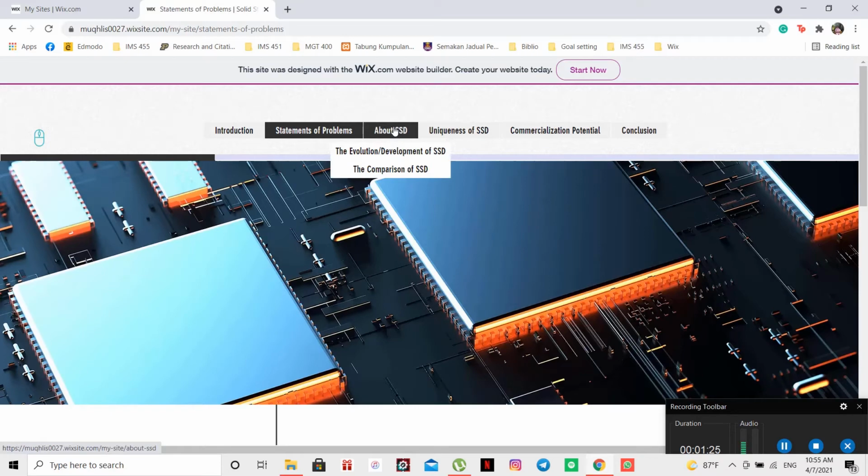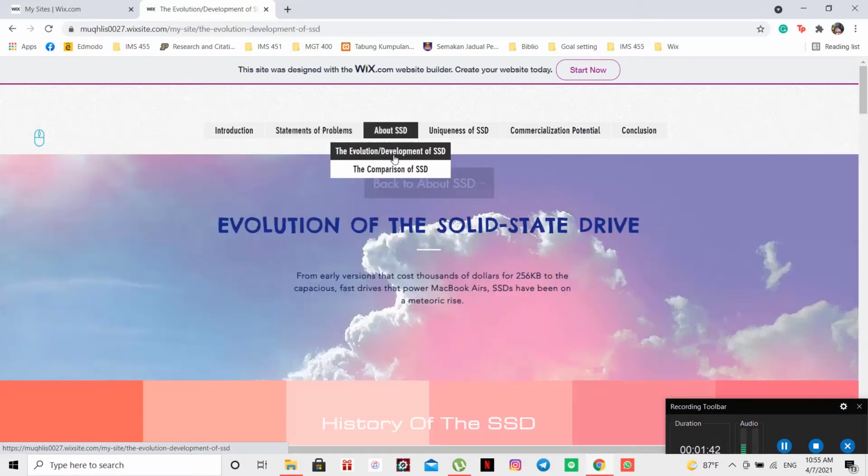After that, we have the about SSDs section. Within it, we created two web pages. Firstly is about the evolution, or the development, of SSDs, and the second one is the comparison of SSDs. So let's take a look.